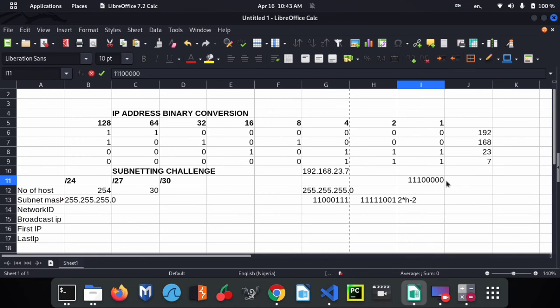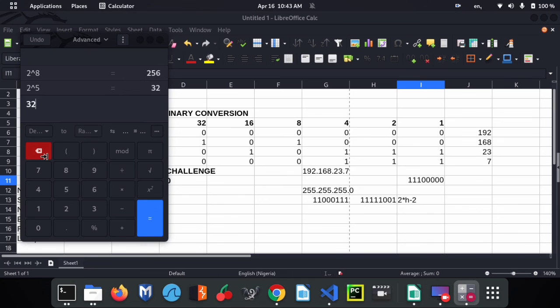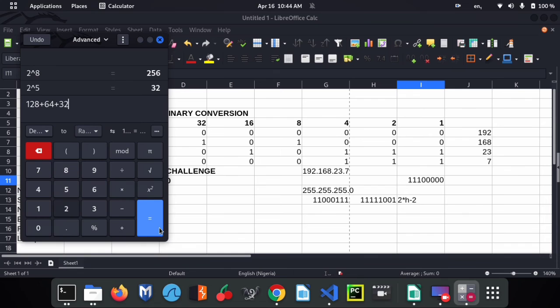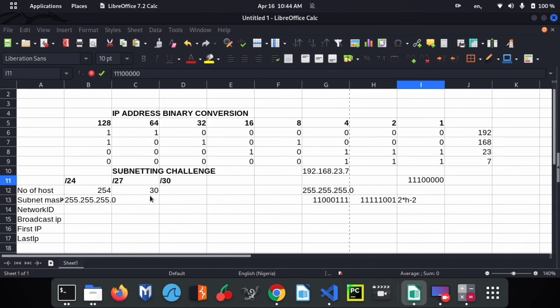So if we come here to the IP address table, and we look at 128 plus 64 plus 32, we get 224, I think, but let's confirm. 128 plus 64 plus 32, you get 224, right?